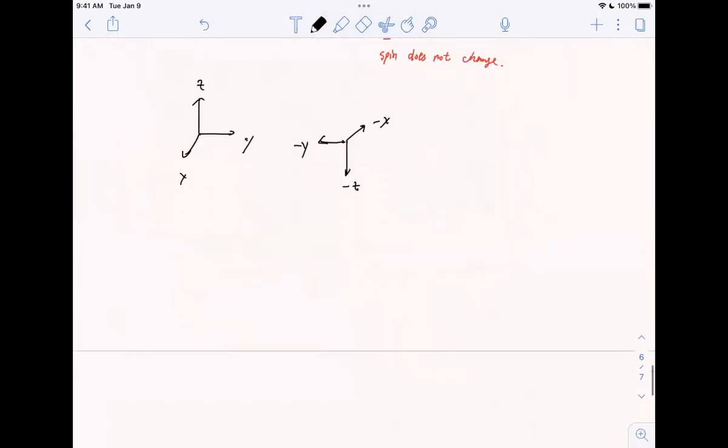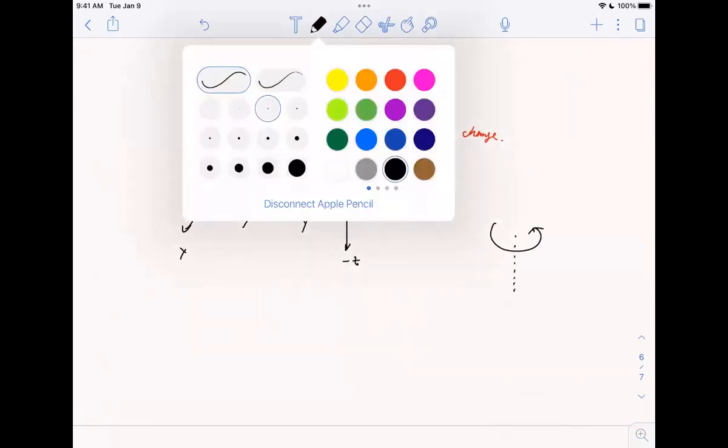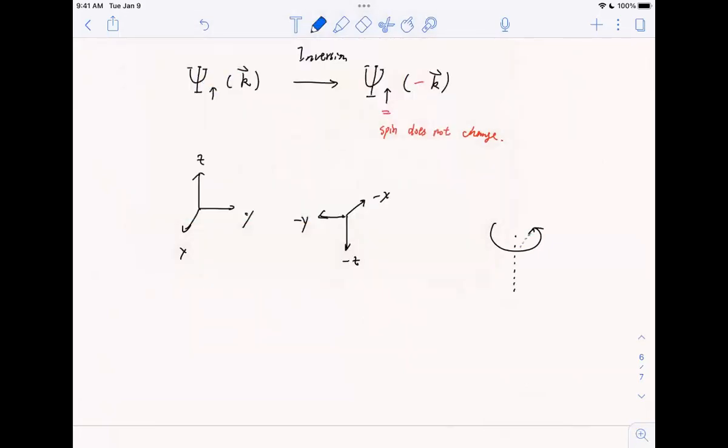Let's say you have a rotation like this. Let's say this is the center. Everything gets reverted. Then this arrow goes to here, and this one goes to here. So the arrow goes from here to here, right?